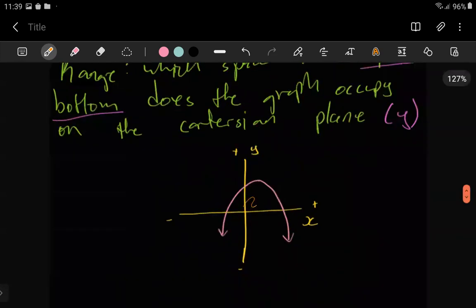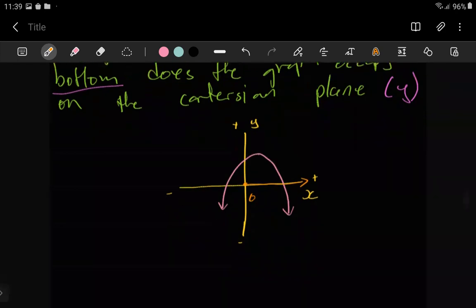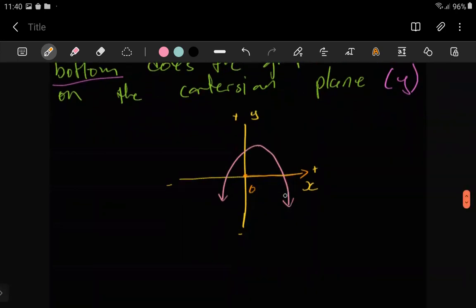You can even start at 0 and ask yourself, going to the right, is there anything that is going to stop this graph from stretching all the way to positive infinity? Your graph here is going down, down, down forever, but as it is going down, it is stretching towards the right forever. There's nothing stopping it.